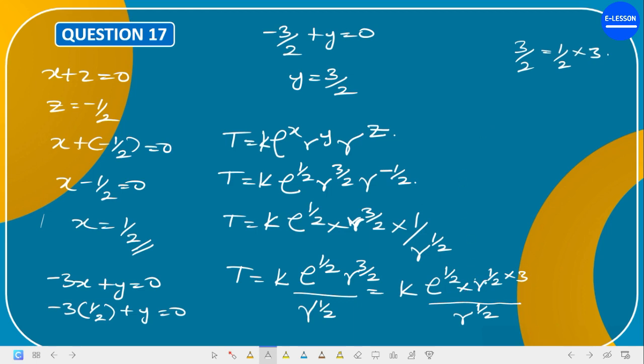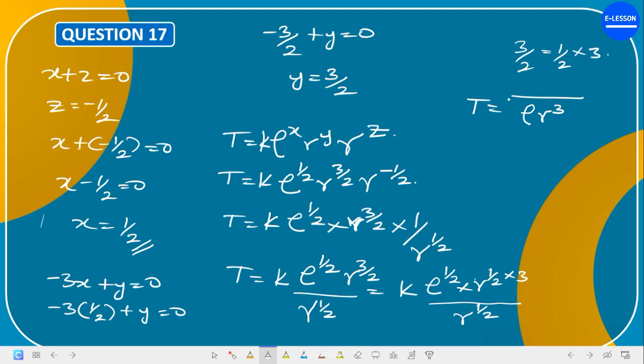Now, at the end of the day, what are we going to have? Note that everything here is having half, half, and half. We say when anything is having half, what do you do? You put square root. So we can say T is equal to the square root of the density. Then we have the radius, but the radius is raised to the power of what? 3. Why? Because you have half here, then you have 3. The square root is covering the half, then you have the 3 also outside.